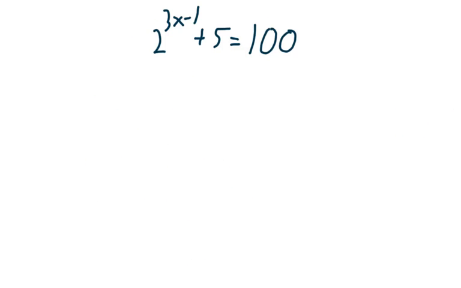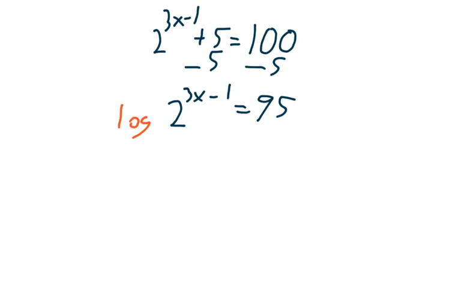Alright, now we have this problem that we want to solve. So the first thing I'm going to do here is subtract the 5 to the other side to get the exponential stuff by itself. Now I'm going to take the log of both sides. So I'm going to put a log over here, and a log over here. So we now have log 2 to the 3x minus 1 equals log of 95.